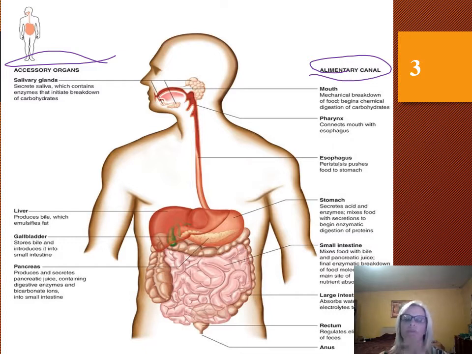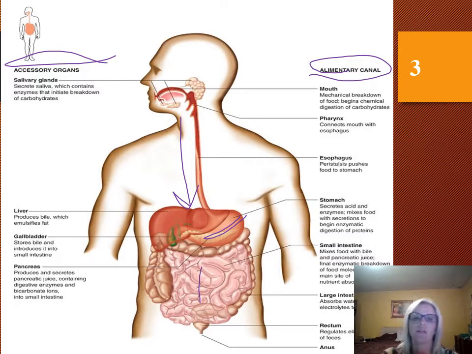So the mouth. And then extending from the mouth, we have the pharynx, which connects the mouth to the esophagus, and then on down through the esophagus, where we have some peristalsis going on, which empties into the stomach. The stomach is where a lot of digestion occurs, and then it leaves the stomach and goes into the small intestine.